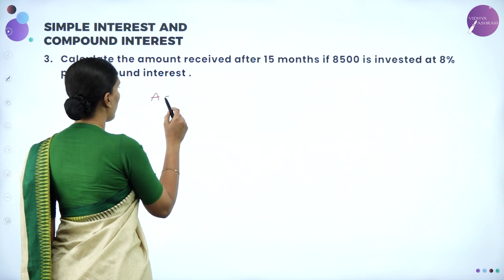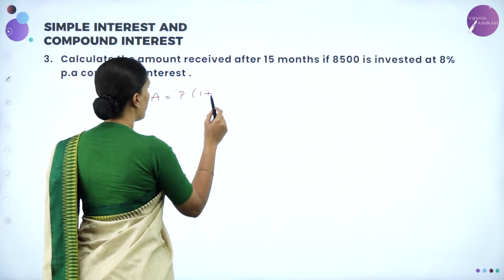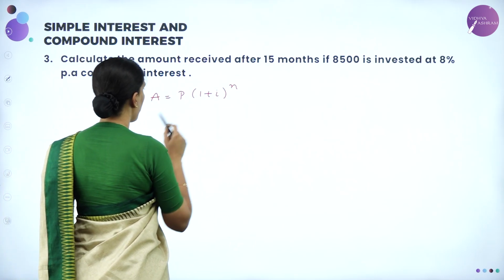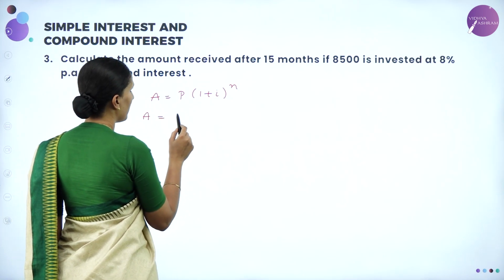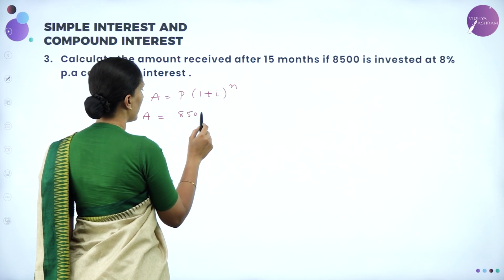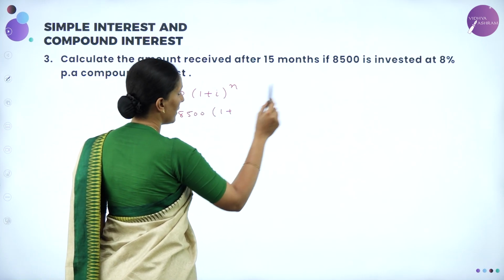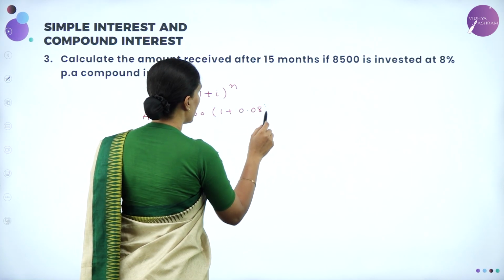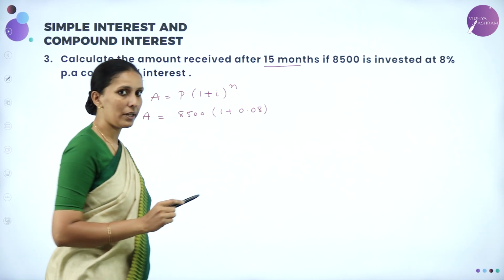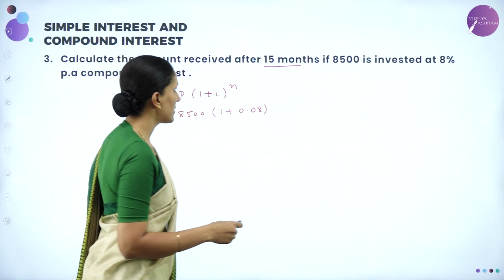So A is equal to P into 1 plus I whole to the power n. Now amount is calculated with the principal 8,500, 1 plus rate of interest is 8%, which is 0.08. Now time is given as 15 months. So we have to convert this into years.